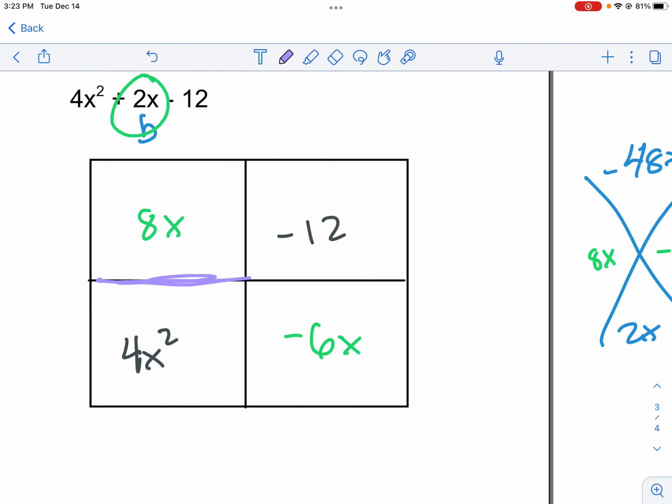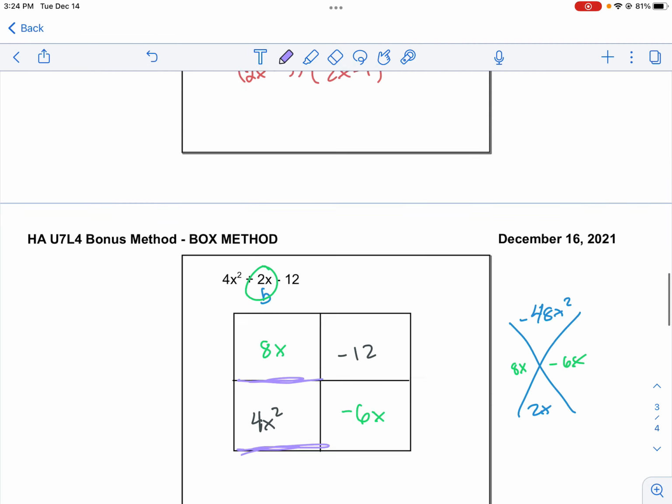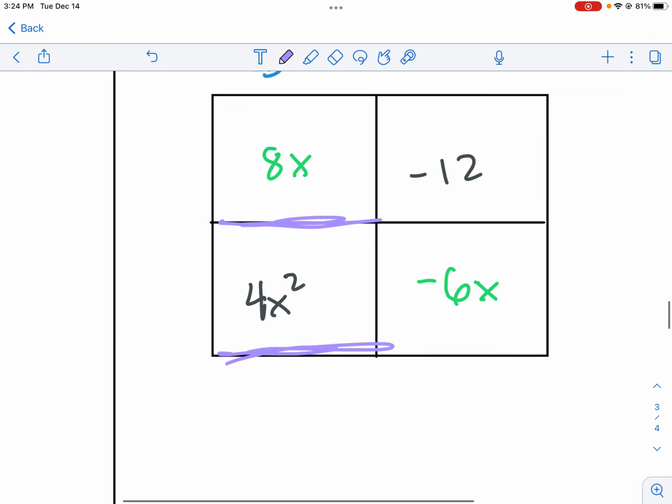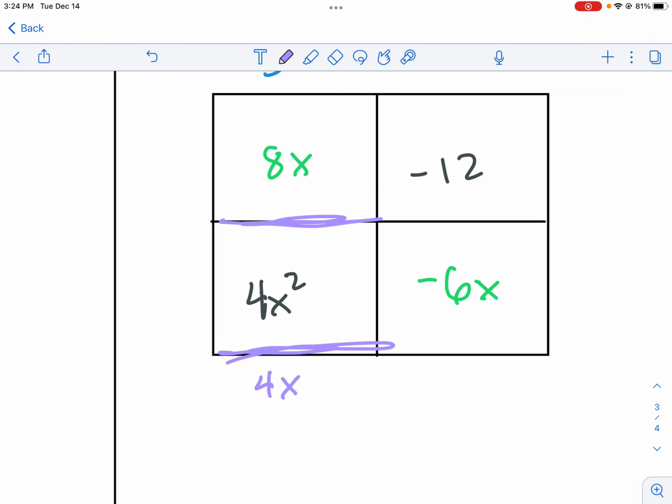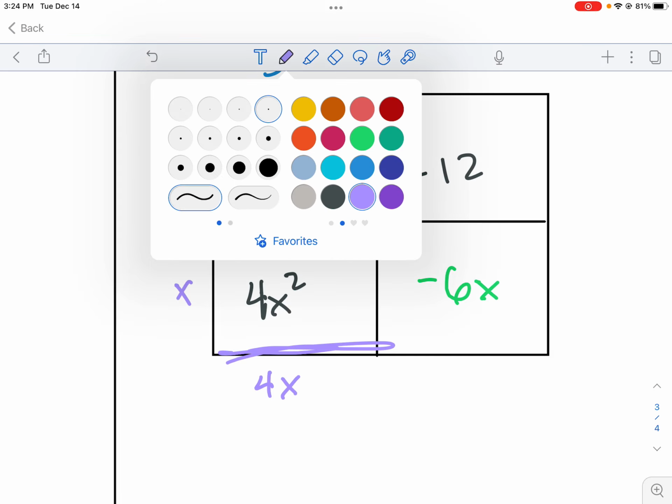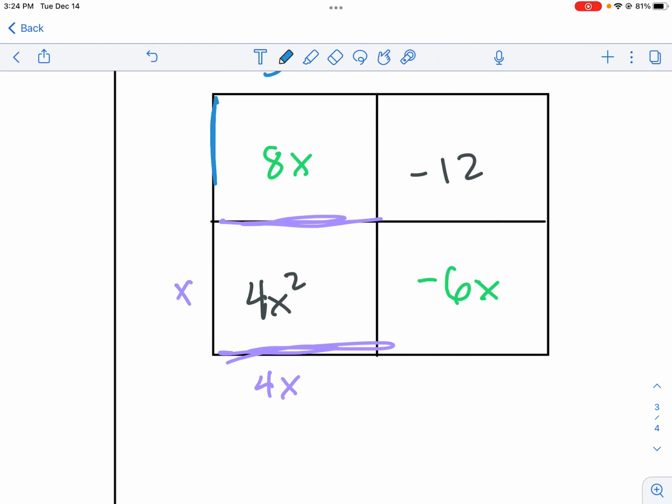Looking at these two lengths. Oh, did I make them purple last time? Nice, go Mr. Roach. This one, I think it makes the most sense to actually make this a 4x. If I make that a 4x, then this one would have to be x. This guy up here, right, 4x times 2 would give me 8x.